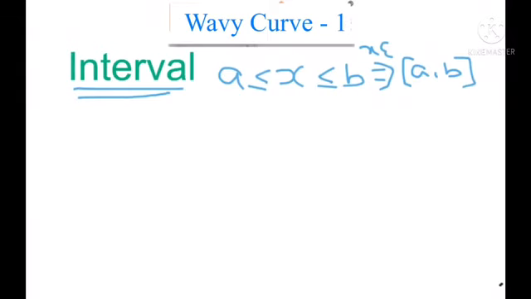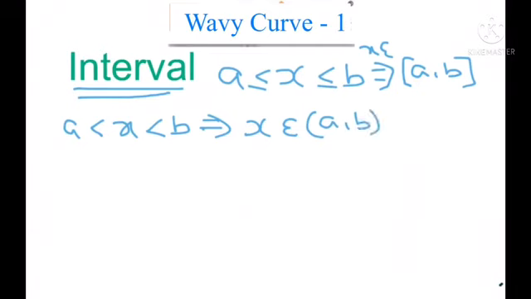Similarly, if x lies between a and b, the same information we can write as x belongs to (a, b). Here a and b are not included, so this is called an open bracket, open interval.